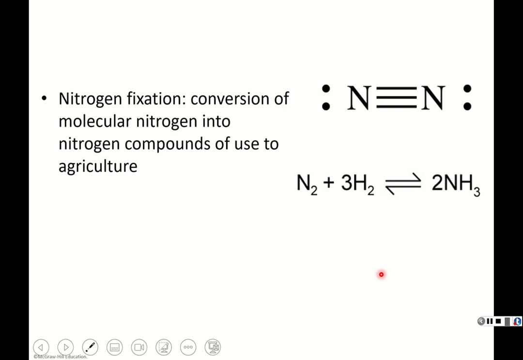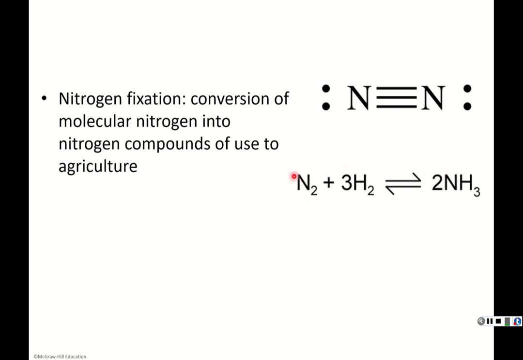But really, all life on the planet is dependent on nitrogen being fixed, that is, being converted from the N2 gas into molecules that our cells can use. And so in agriculture, we need nitrogen as a fertilizer source. And this is the industrial process that happens to make this happen.